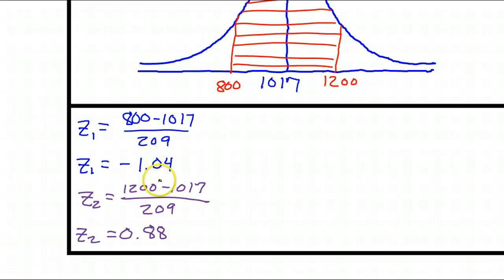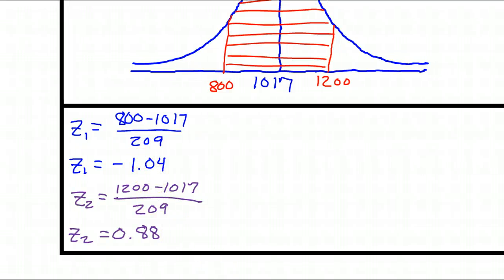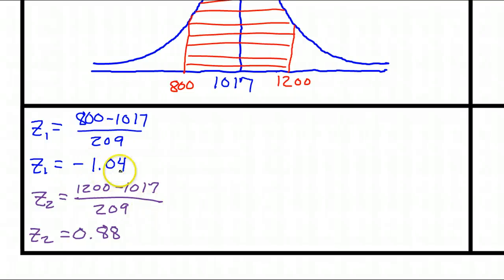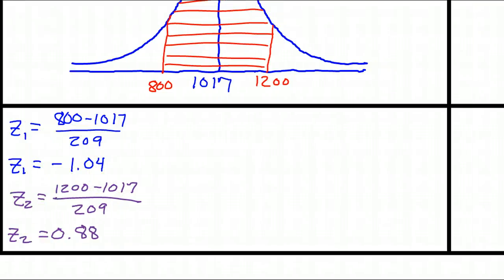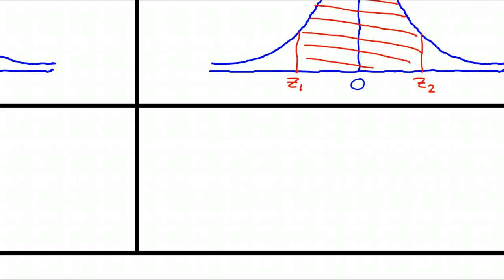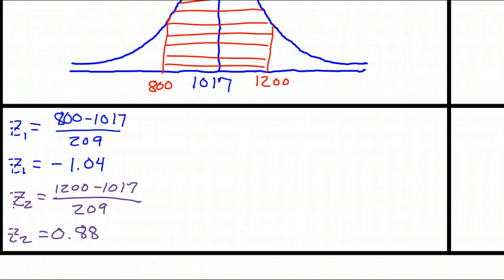Okay, now let's put both of these z-scores on the z-score picture. So negative 1.04 and positive 0.88. All right, so those are the z-scores I'm dealing with.